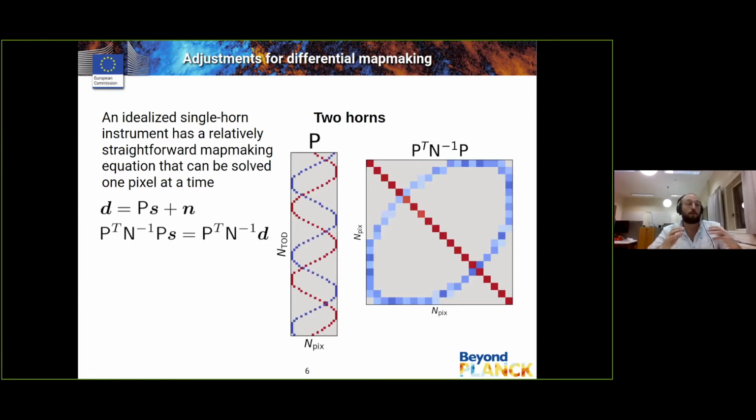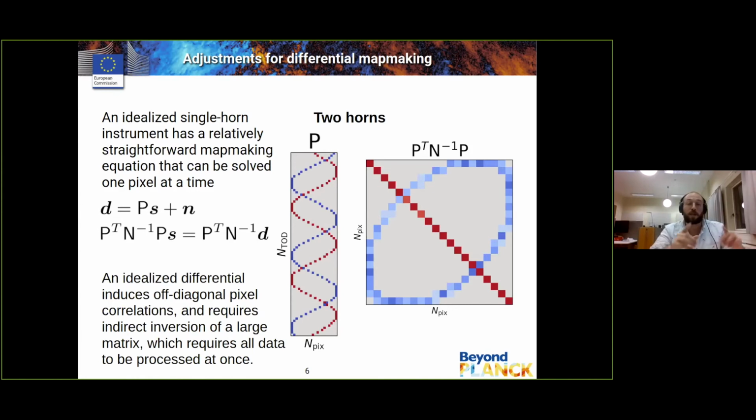However, for differential pointing, the pointing matrix ends up having both positive and negative ones, even for just temperature, which basically means that the mapping matrix, P transpose and inverse P, has off-diagonal elements. This is no longer a matrix that can be solved one pixel at a time, meaning that the entire data set needs to be loaded in all at once in order to invert it and solve the map-making equation.